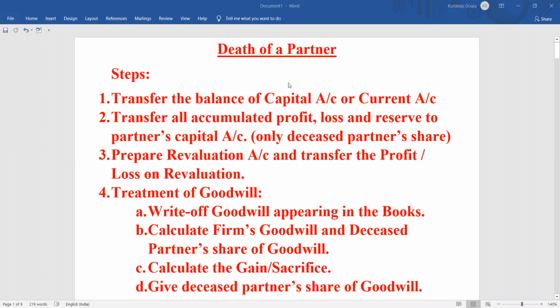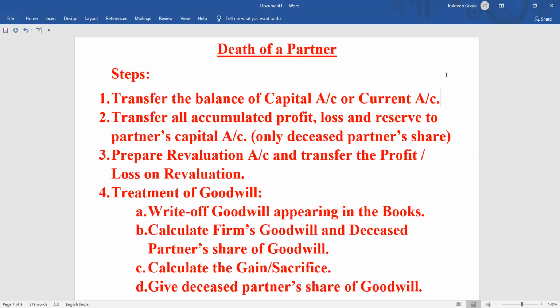In the steps, first of all we have to transfer all the balances of capital or current account, accordingly. If the current account is there, then we have to transfer all the adjustments in the current account, and then finally you transfer that to the capital and make the settlement.